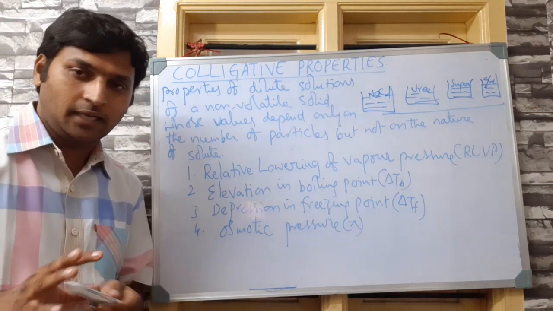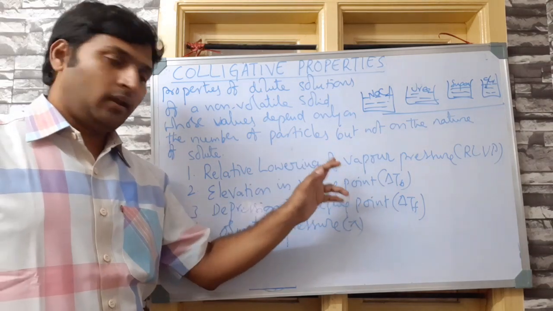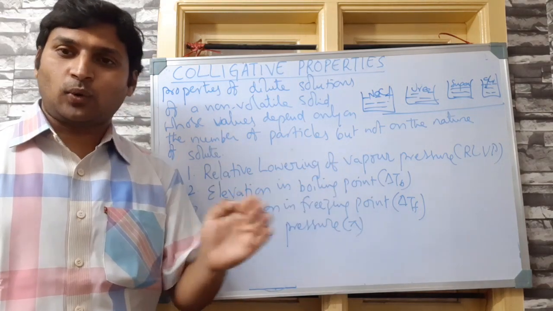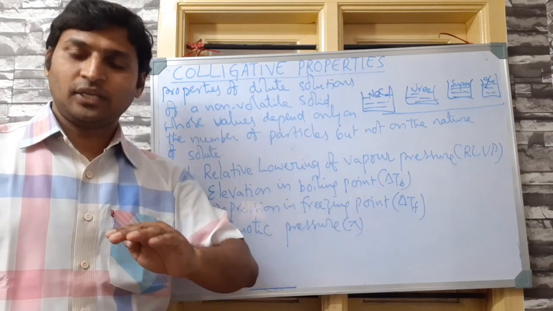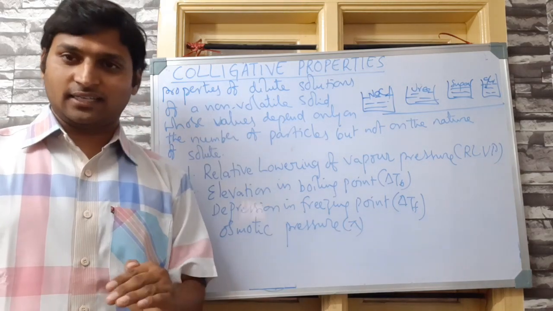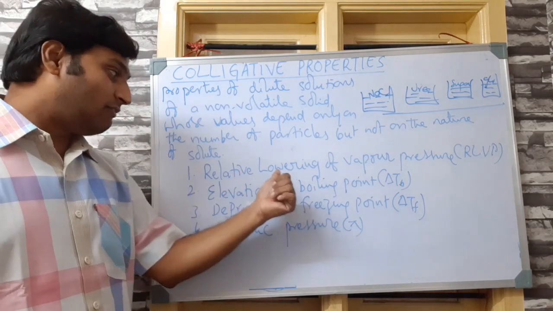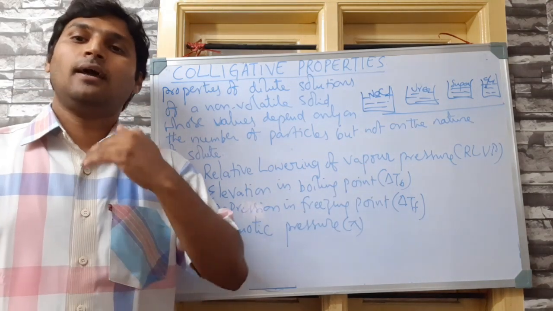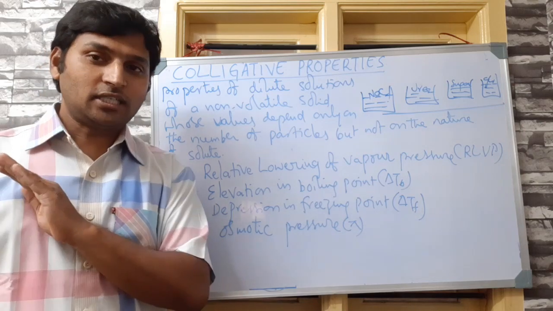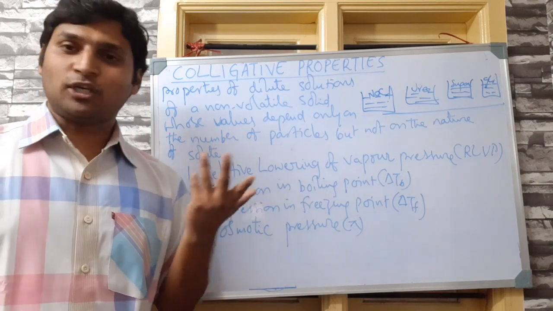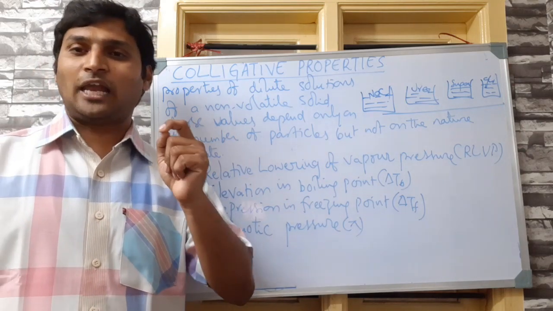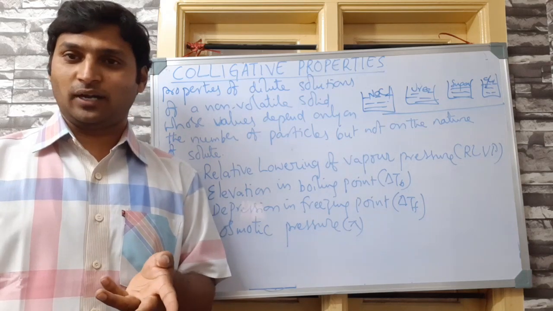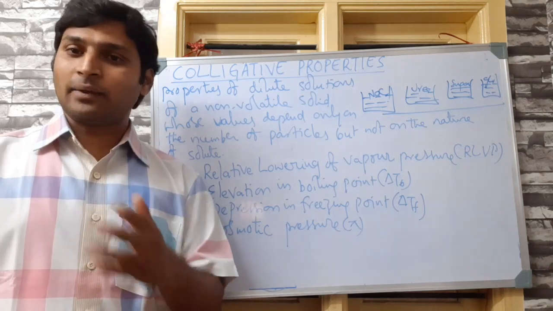Now please understand, when a liquid is added with a non-volatile solid solute, the vapor pressure of that liquid decreases. Now the relative lowering observed in the vapor pressure is a colligative property. Please understand, vapor pressure is not a colligative property because vapor pressure value depends on the nature of the liquid, and that is the crucial factor determining it.